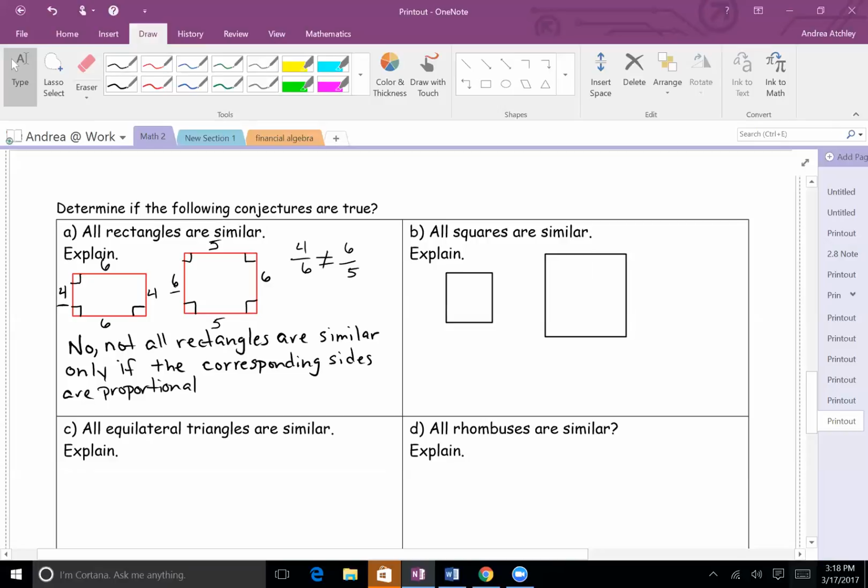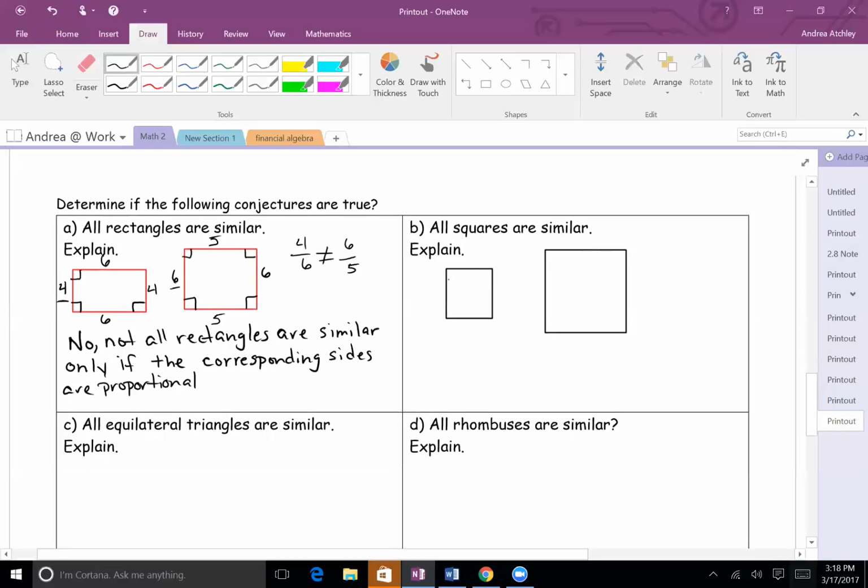Okay, and so we have all the angles are congruent because they're all 90 degrees. So that part of it just works. But are the sides proportional? So what if I said this was side 3? That means this also has to be 3 and 3 and 3. And what about this side being 5? Then this would have to be 5 and 5 and 5.